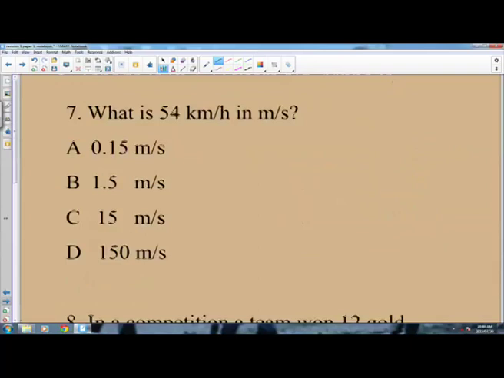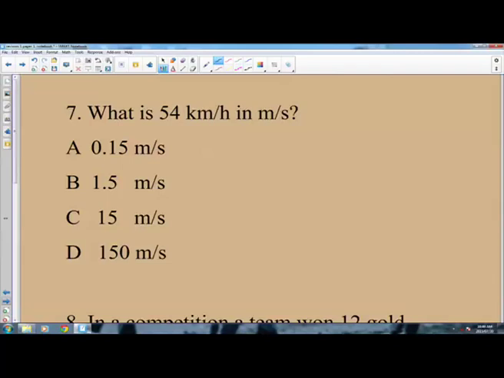Okay, let us have a look at another question. It's not an example, because this is revision material. What is 54 kilometers per hour in meters per second? So this is simply saying convert 54 kilometers per hour to meters per second.